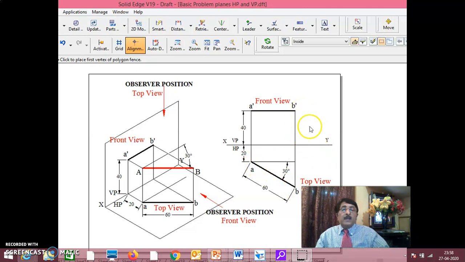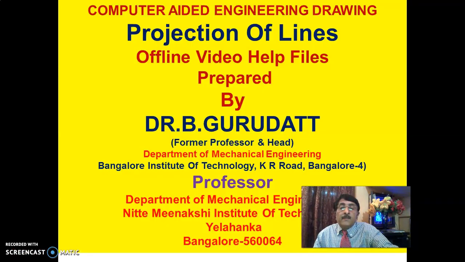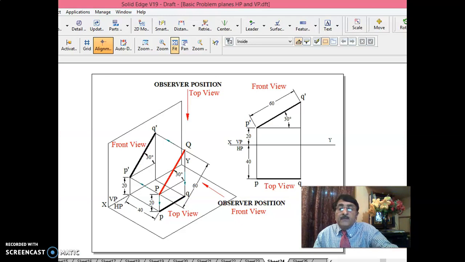In the same way, you see here in this problem, if you observe, PQ is parallel to XY line. That means the distance of P and the distance of Q in front of VP are the same.